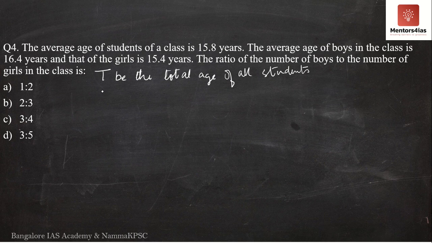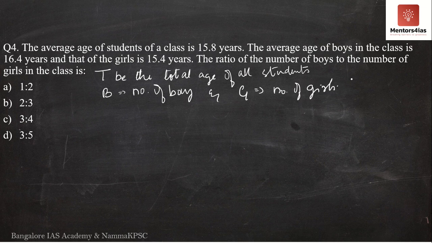Now, let B, capital B, be the number of boys in the class, and let G be the number of girls in the class.